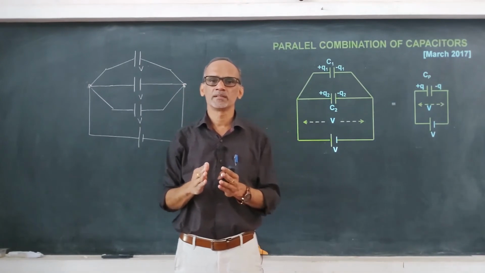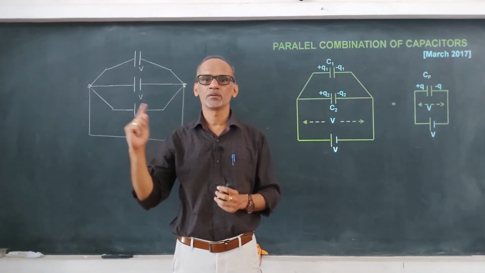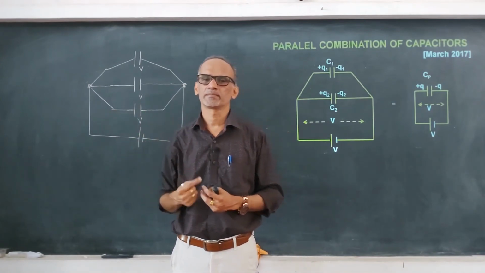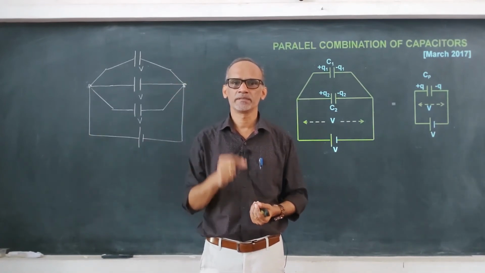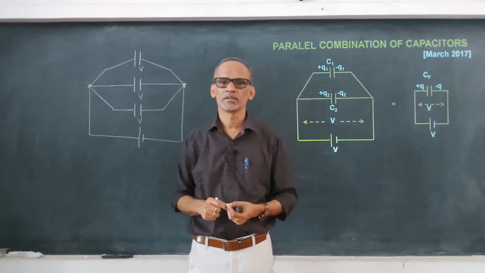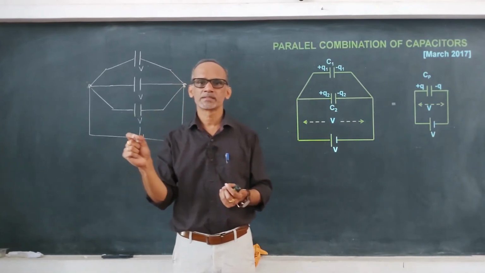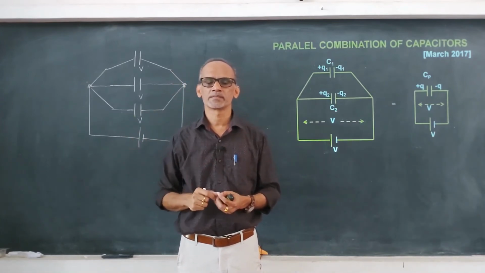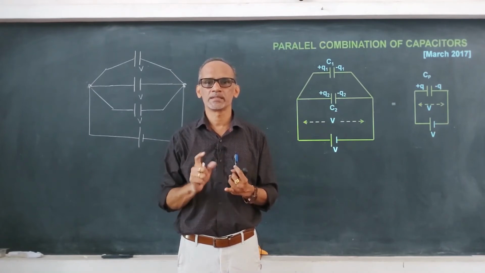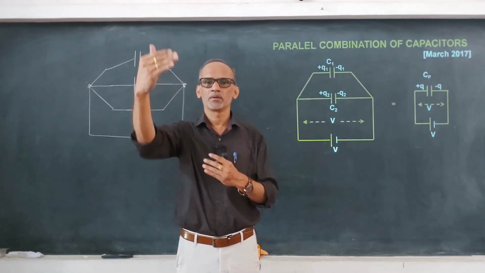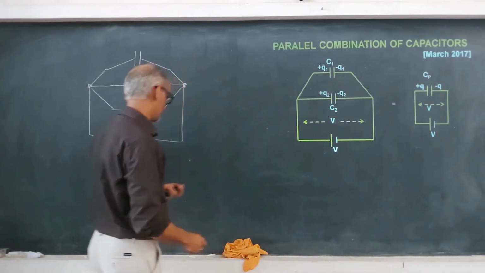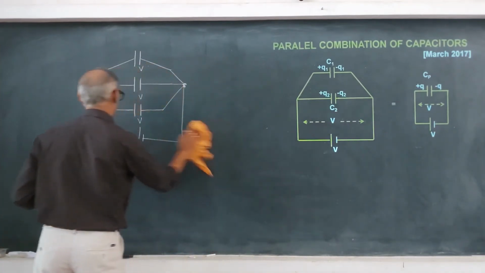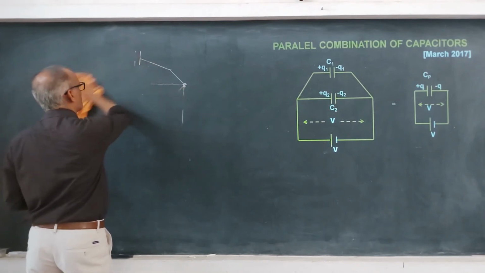But for a home appliance, there is a switch, right? For every device there is a switch, and that switch is in series with the device. So switches are connected in series with the home appliances, but all the home appliances are connected in parallel combination.